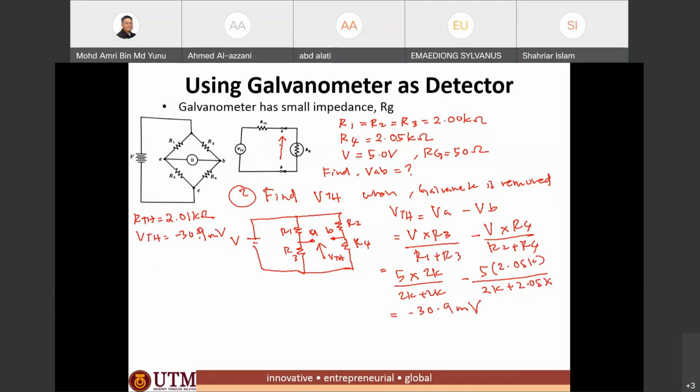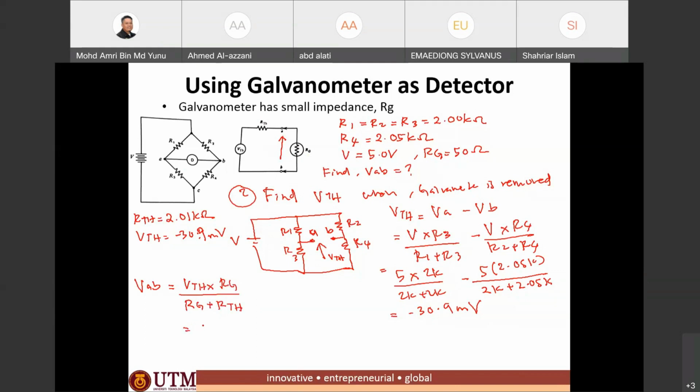So next, we find VAB here. So VAB when we apply the detector. What is VAB when we use the detector? It is measured by the detector, which is actually VTH multiplied with Rg over Rg plus RTH.